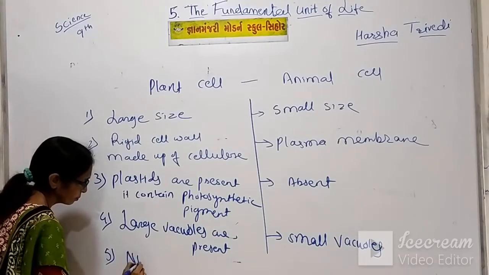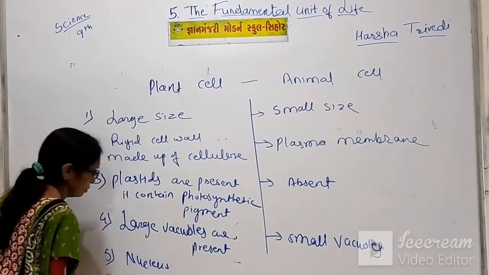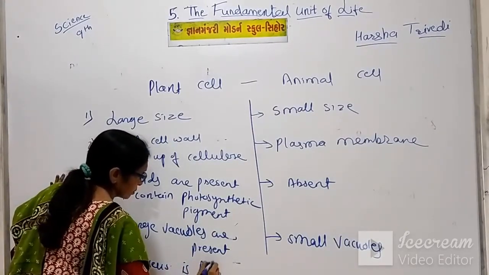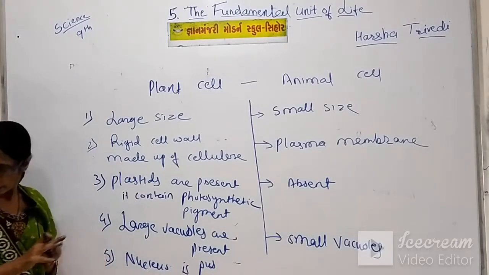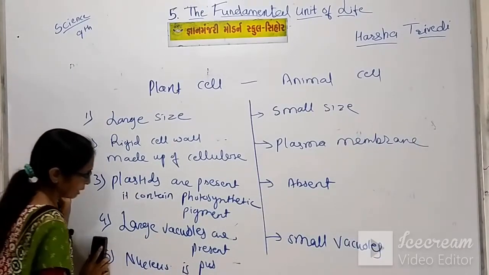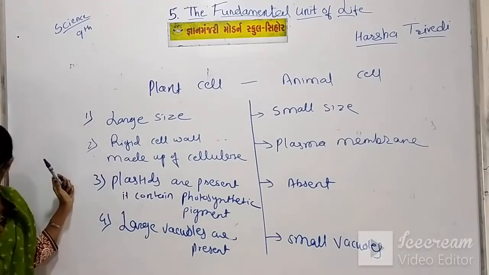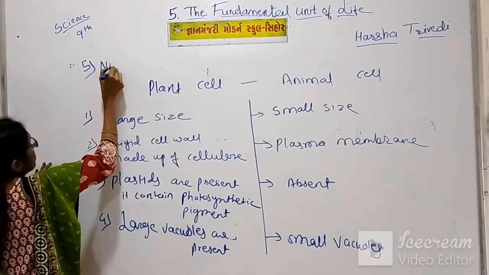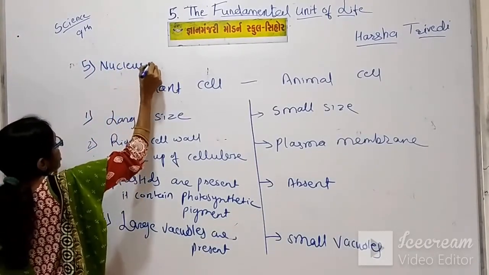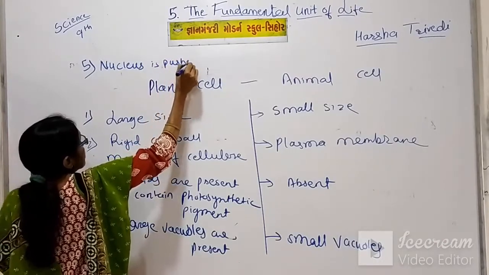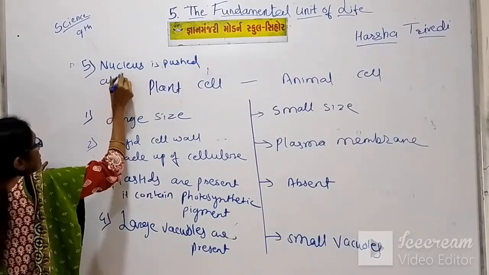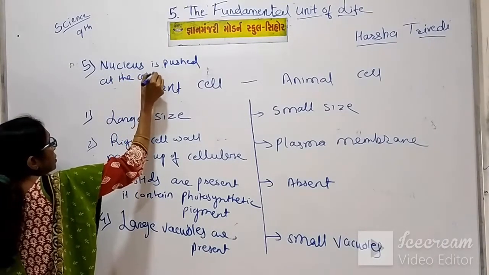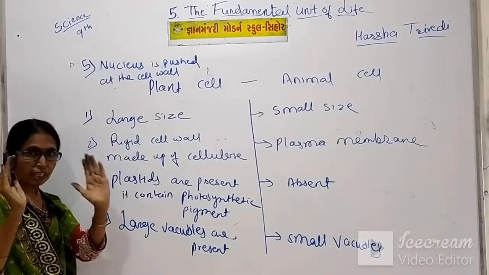So the nucleus is pushed, fifth point I am writing here. Fifth point, the nucleus is pushed at the cell wall due to the large vacuole in the center.